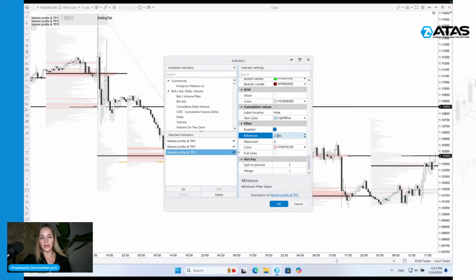I do not draw them manually, because Atas has a market profile and TPO which draws it for you, which is very useful. Try it out. For those of you asking about the Mac and Atas, you can run it, and as you can see, I'm using a Mac right now and running my Atas through Parallels.